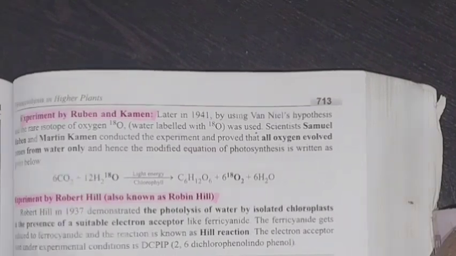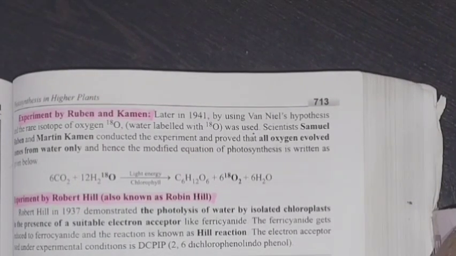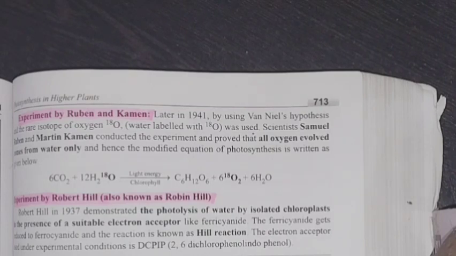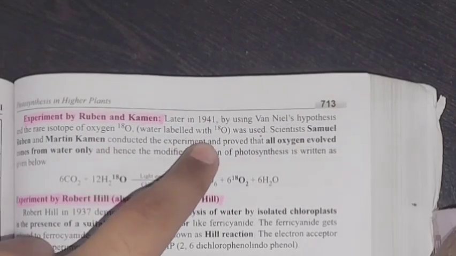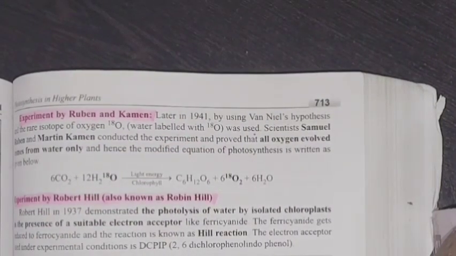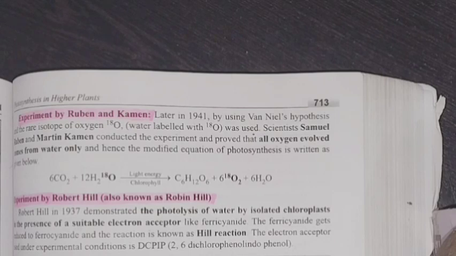Then we have the experiment by Ruben and Kamen. In 1941, using Van Niel's hypothesis, the rare isotope of oxygen, O18, oxygen with atomic mass 18, was used. Scientists Samuel Ruben and Martin Kamen conducted the experiment and proved that all the oxygen evolved comes from water only.